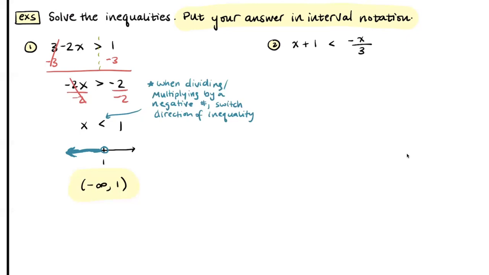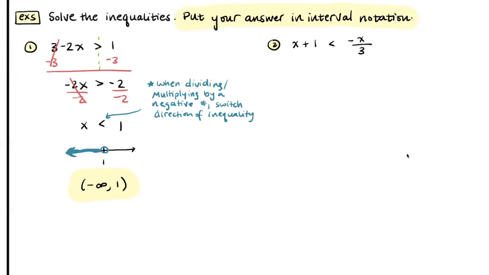In this example, something that I want to remind you of is how you can avoid working with fractions. I know that some of you, when you saw this fraction here, may have started feeling anxious. It's something that most people don't want to deal with. I love fractions, but I understand that it's not for everyone. So I'm going to remind you of a way that you can actually eliminate them.